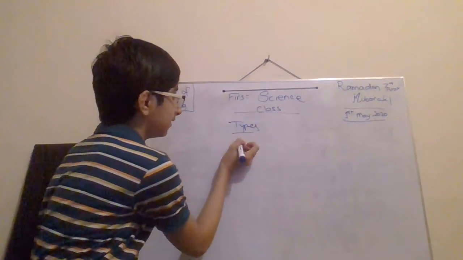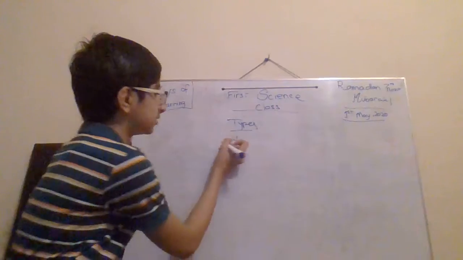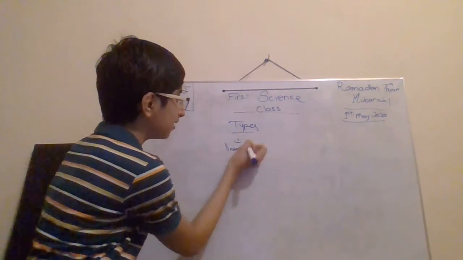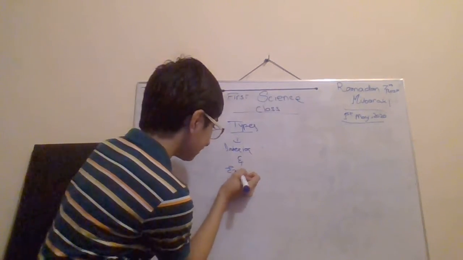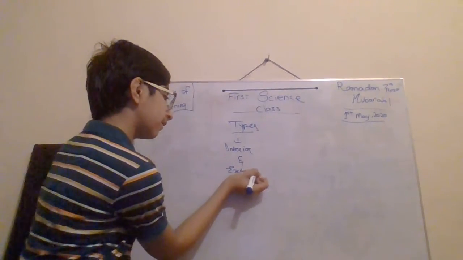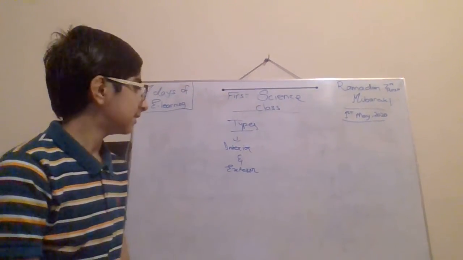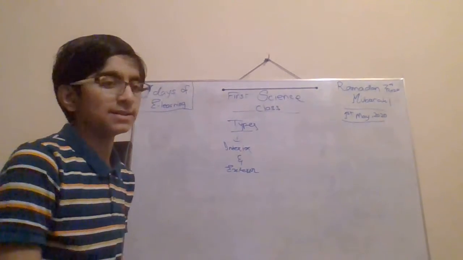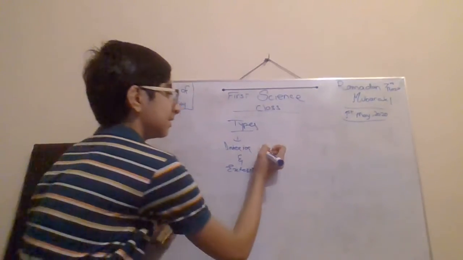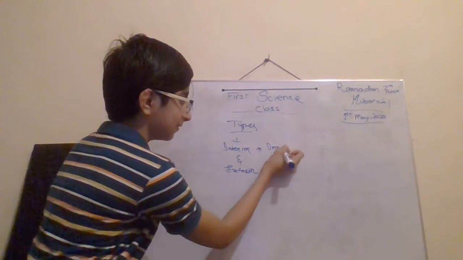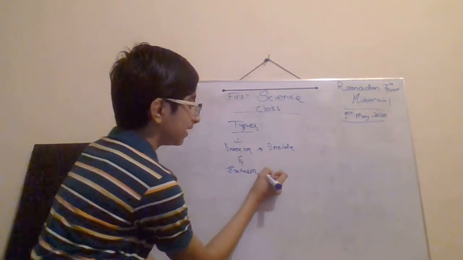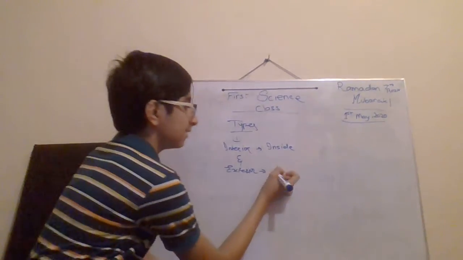These are the most basic categories of organs. The literal meaning of interior is inside, and the literal meaning of exterior is outside.